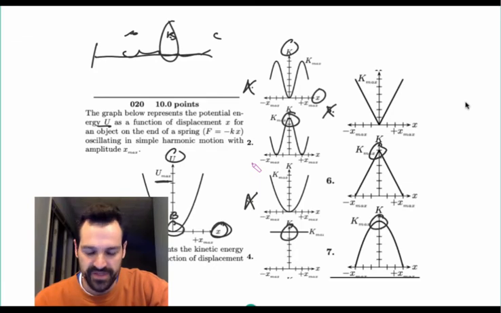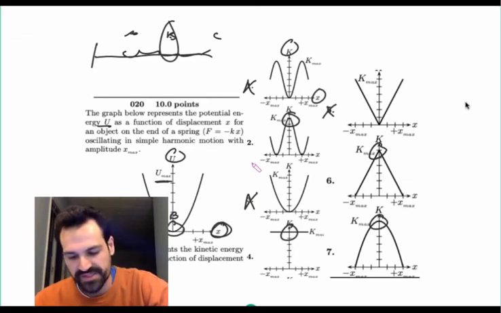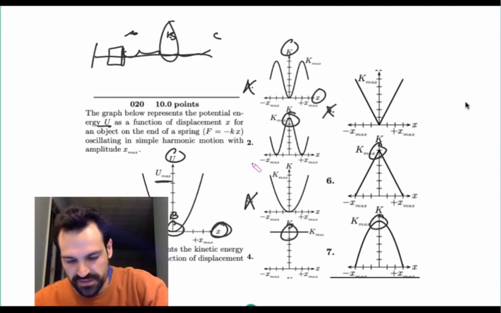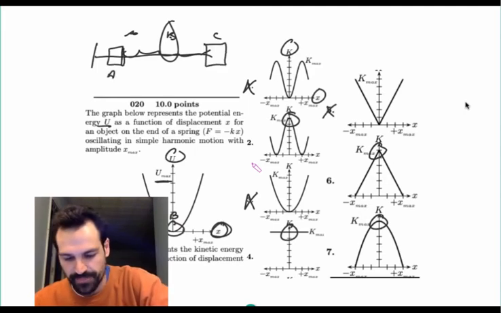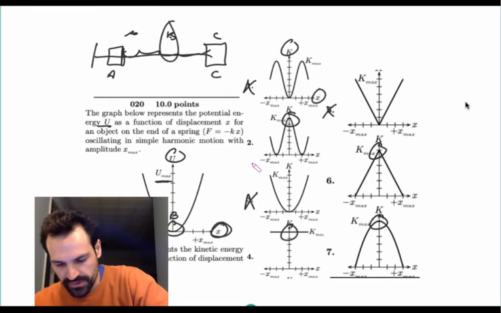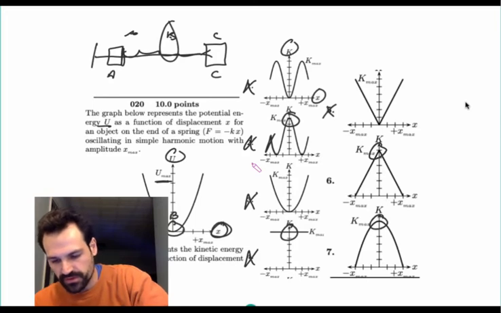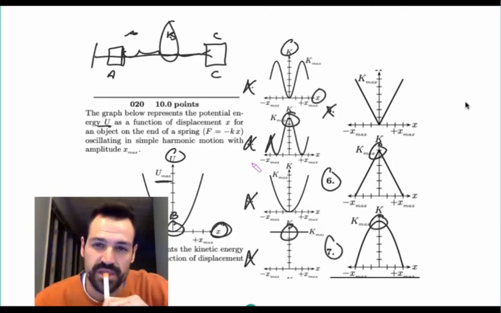And at negative x and positive x, it has to be at a minimum because that's when the velocity is 0 at positions A and C. So no, we've ruled out 2. No, we've ruled out 4. And that eliminates it down to option 6 or 7.